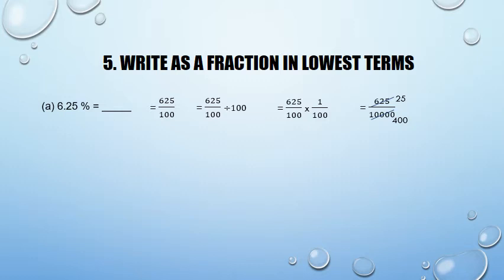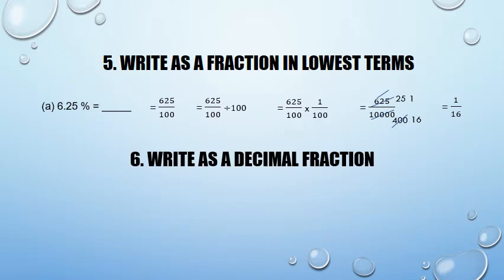So 625 divided by 25 is equal to 25, and 10,000 divided by 25 is equal to 400. Again we will divide. So 25 divided by 25 is equal to 1, and 400 divided by 25 is equal to 16. So our answer is 1 upon 16.